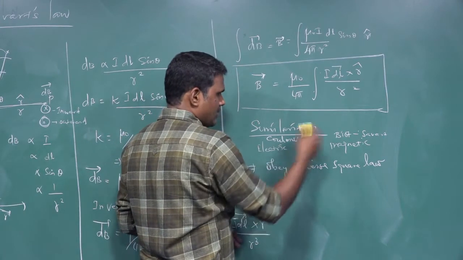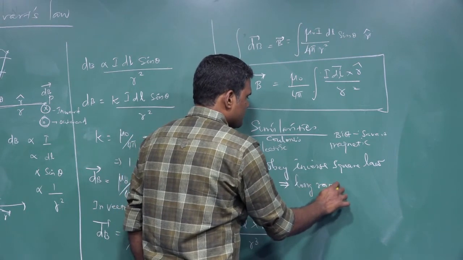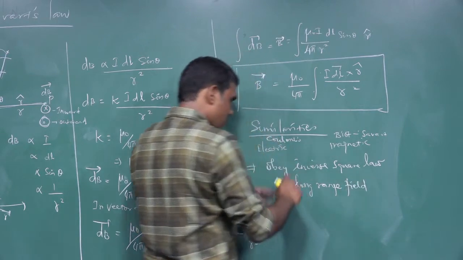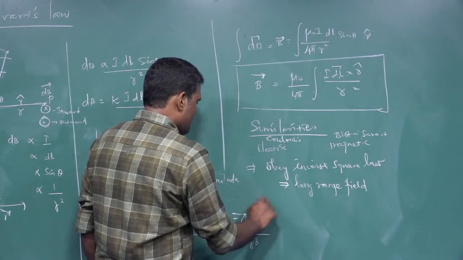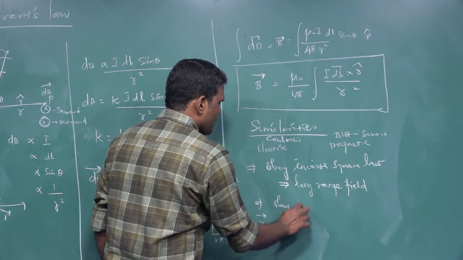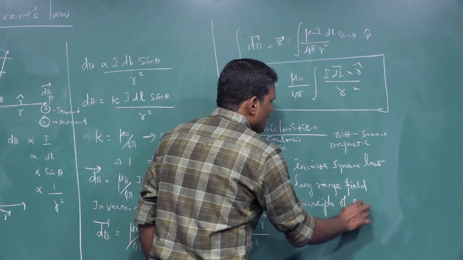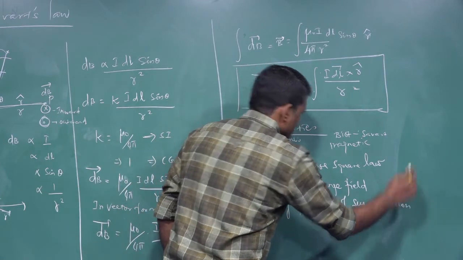So we can say these electric and magnetic fields are long range fields, because they vary with distance, they depend upon distance. And then they obey the principle of superposition.